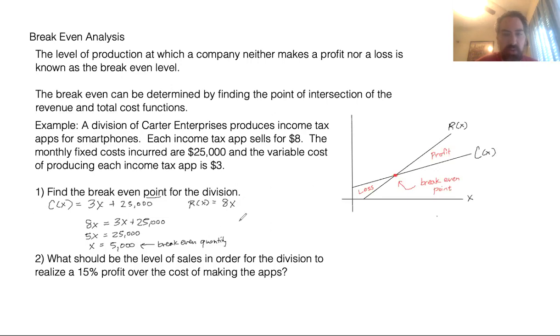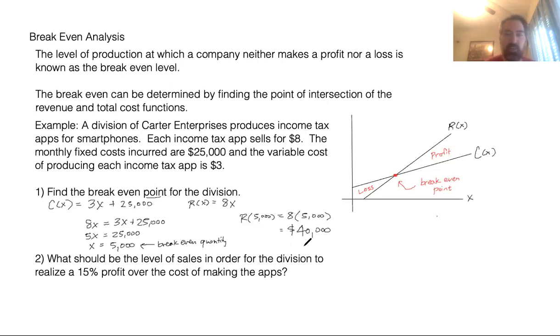The revenue should be 8 times 5,000, which is 40,000. So I would have to reach $40,000 in sales to reach that break-even level.